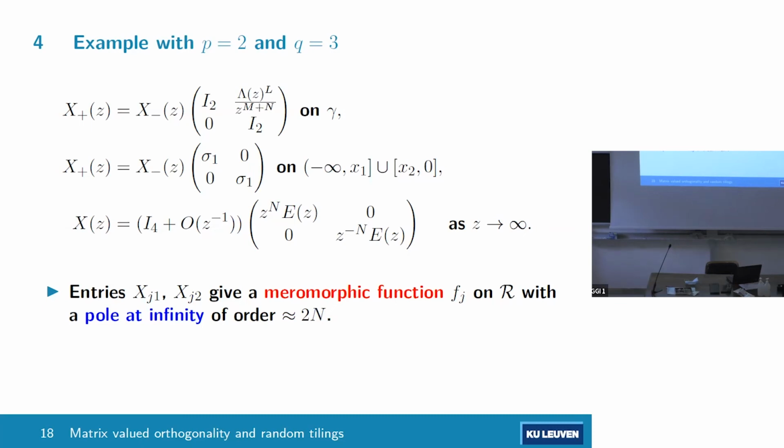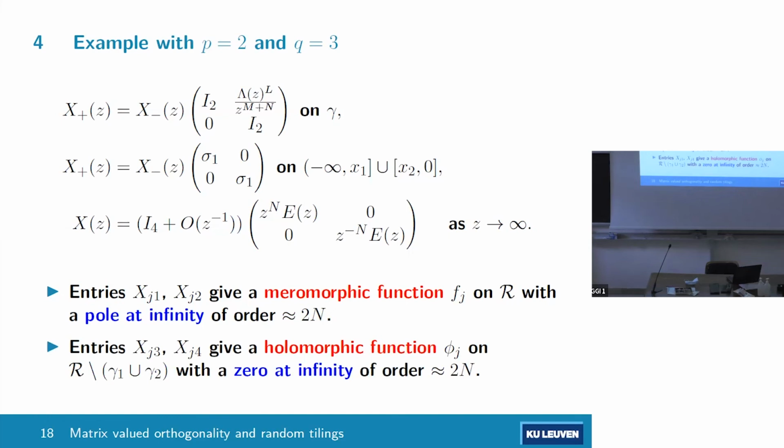This identity block here. And if you view xj1 on the first sheet of the Riemann surface and xj2 on the second sheet, then this jump with this permutation matrix sigma 1 tells you that they're analytic continuations of each other. So they are a meromorphic function on the Riemann surface with a certain pole at infinity, and no other poles. The order is about 2n. It depends on j here, and may also depend on this precise choice you make for your eigenvectors, approximately.